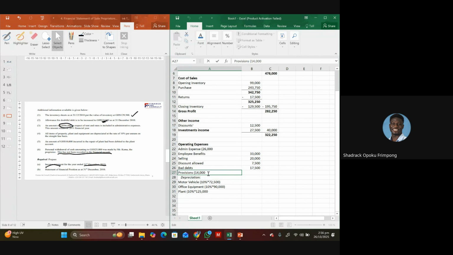Instead of the amount reducing my capital, I just bring in the money so that my capital can still be on the same level. You have set aside 14,000, and you are being told to increase the amount from 14,000 to 19,080. So the increment or the difference is going to be an expense to you.